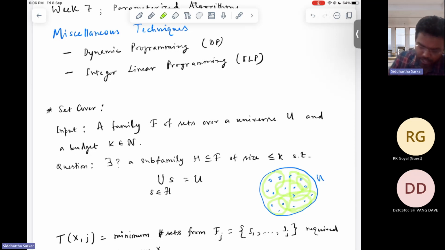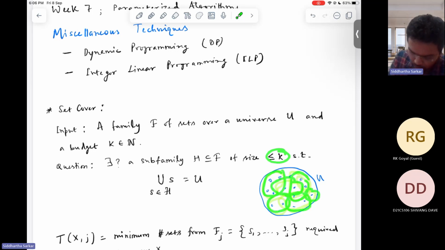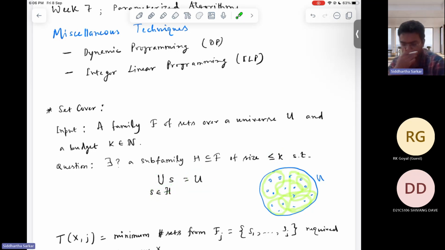Your objective is to pick a subfamily, that means to pick some of the subsets, a subfamily H of F of size at most k. So you're allowed to pick k subsets such that the union of these subsets covers the entire universe. This definition we have seen before.